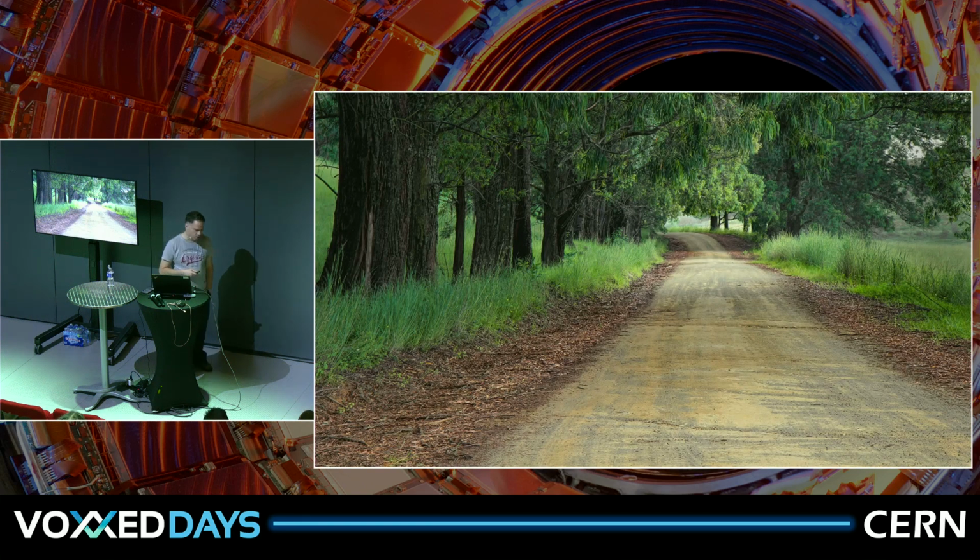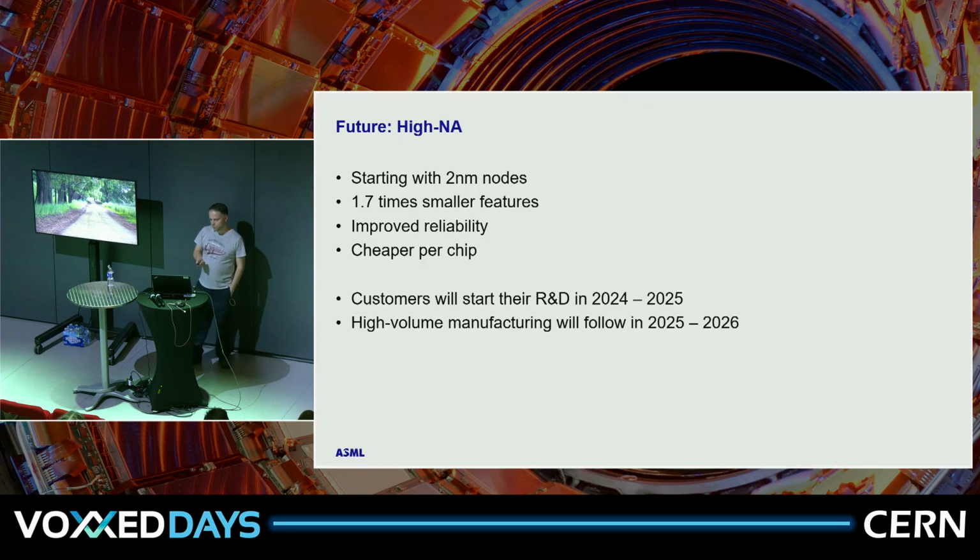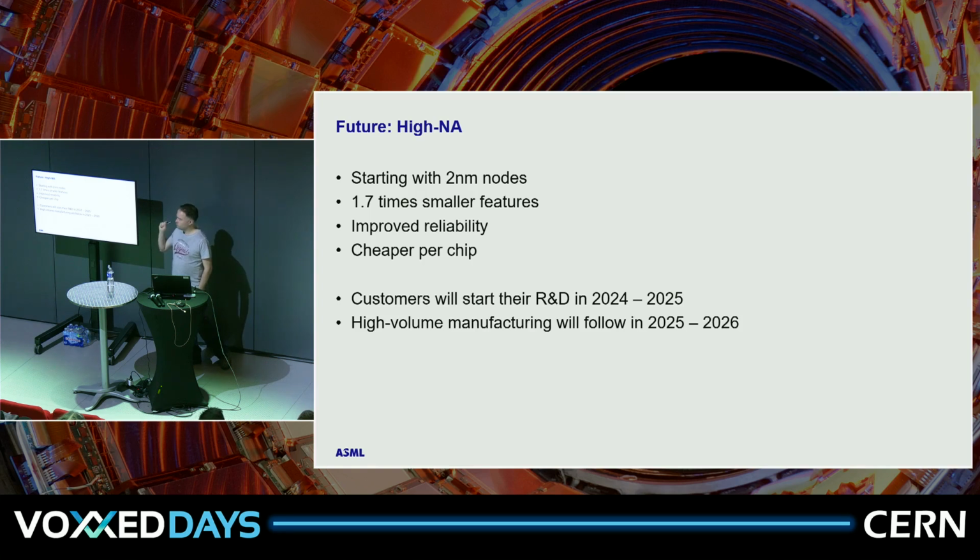Then if we look towards the future, which is already approaching quite quickly, because in the future we move to high NA, and the first machine was actually shipped in December, so last month, to Intel, but it's still in the research and development phase. It's not that if we ship a new generation of machine, the customer unwraps it and starts producing chips for us immediately.